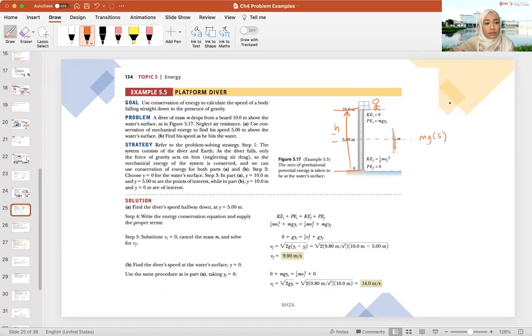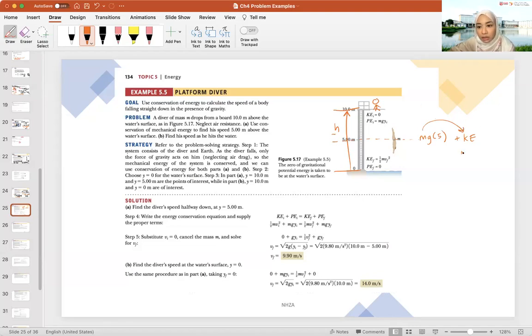Now, where did the rest of the energy go? It became kinetic energy. So now you have KE at this point because this guy is moving. Your PE decreased and the energy that was lost from potential energy became KE.